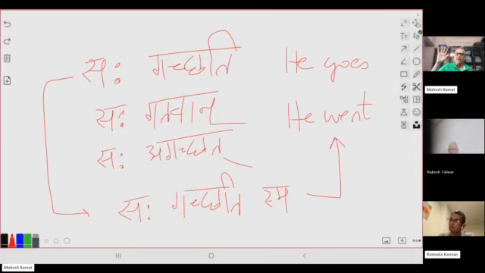You use the lat lakara and sma for past tense. I don't think any language is this easy. No language in the world will be so simple. Take lat lakara, add sma.